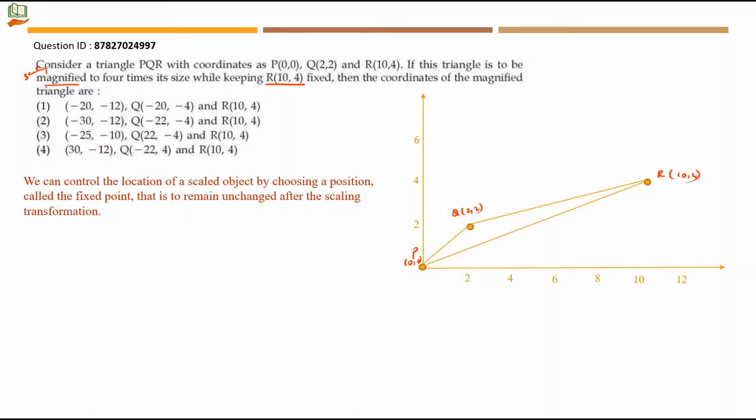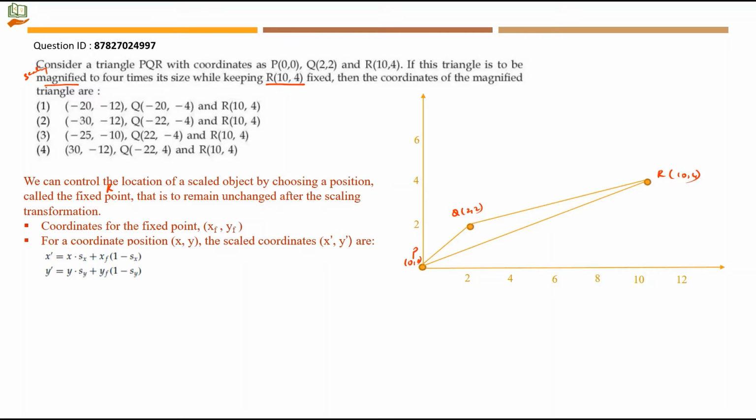We can control the location of a scaled object by choosing a position called the fixed point. In this case, it is R, that is to remain unchanged after the scaling transformation. Coordinates for the fixed point are taken to be xf and yf, that is x fixed and y fixed. In this problem, we can take xf to be 10 and yf to be 4 because R has the coordinates (10, 4).